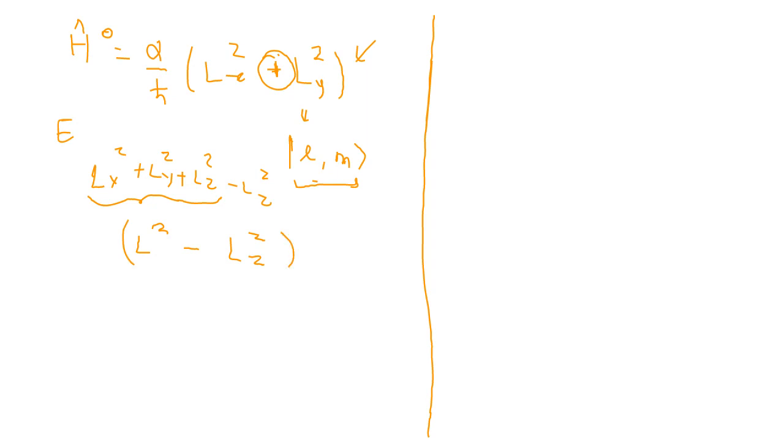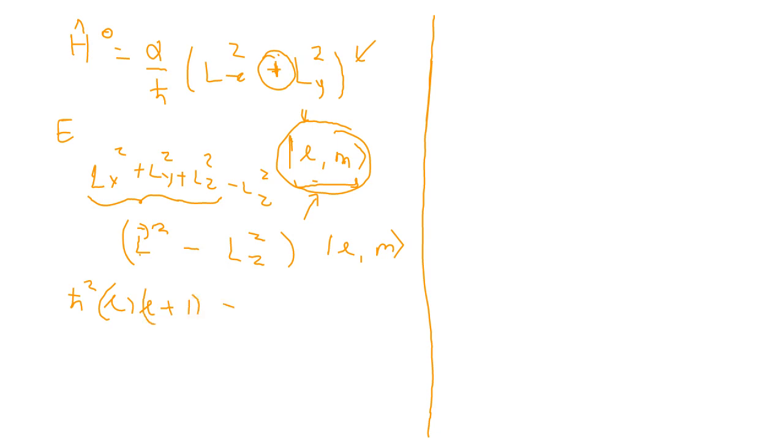So this operator is, these operators L squared and Lz squared, I know precisely how they act. The eigenstates are given by that, and when L squared acts there, you get h bar squared L times L plus 1.